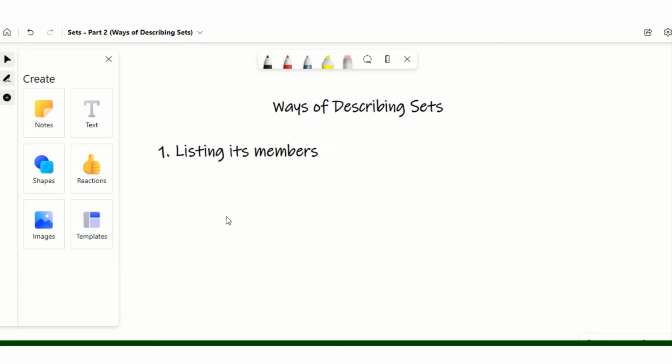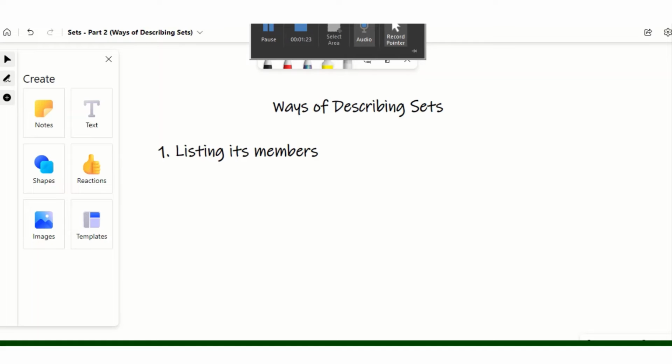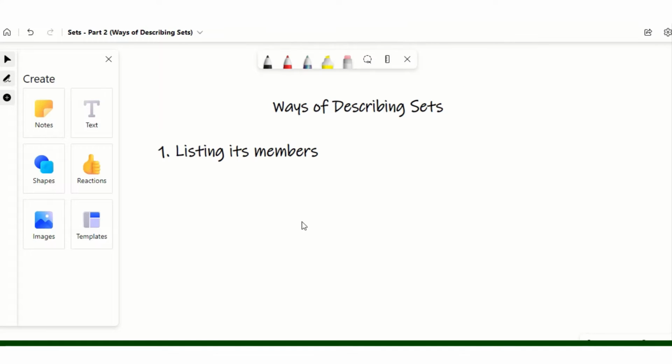Remember, we've already talked about cardinality of a set, members of a set, where we looked at set notation and the definition of a set in our previous tutorial. Now, to understand listing its members, let's look at this example.